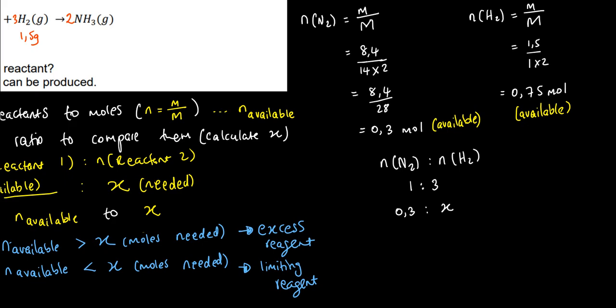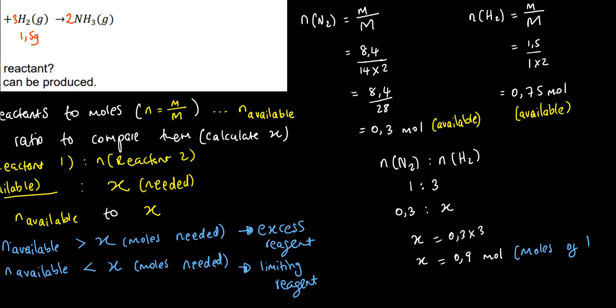What do you get for X? 0.9 moles. Now be careful. These are the moles of hydrogen, because X is hydrogen, that are needed.